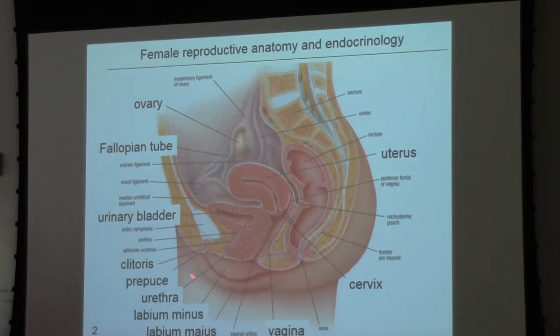There are structures on the outside of the vulva, the labium minus or labia minora in plural, and the labium majus, labia majora in plural. These are skin folds on the outside of the female vulva. So these are all anatomical terms to learn about. Questions?